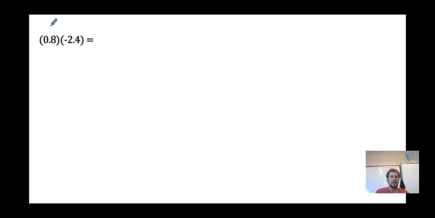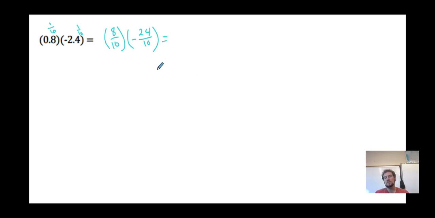So this 8 right here is in the tenths position after your decimal. So 0.8 can be rewritten as 8/10. And the same thing with this 2.4, the 4 is in the tenths position. So negative 2.4 can actually be rewritten as negative 24/10.